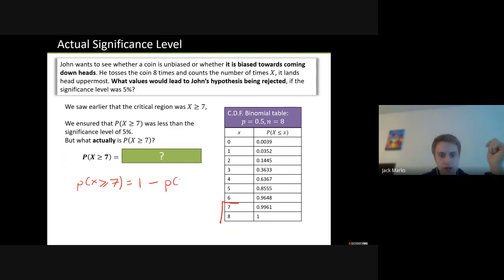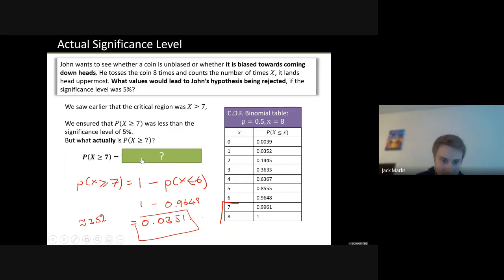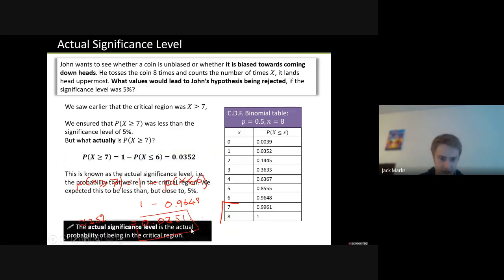So 1 minus the probability of up to and including 6 is 1 minus 0.9648, and it's 0.0351, something like that. In other words, the probability of having a 7 or more is about 3.5%. That's the actual significance level, okay?